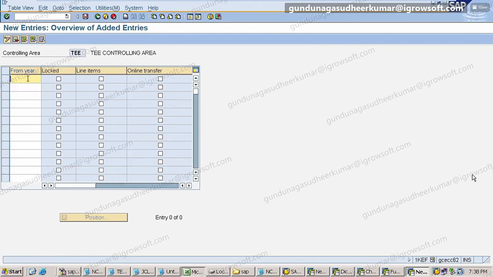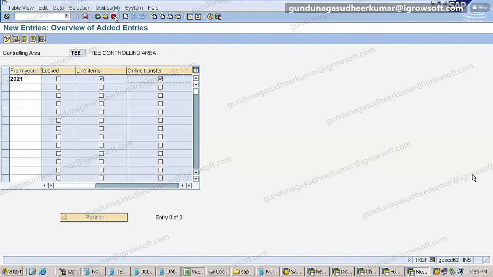Then I give from here. What is the year? Any year, 2021 or whatever. Line items, online transfer. Transactions: line items to be posted. Online transfer, I will allow. Go back and come again.